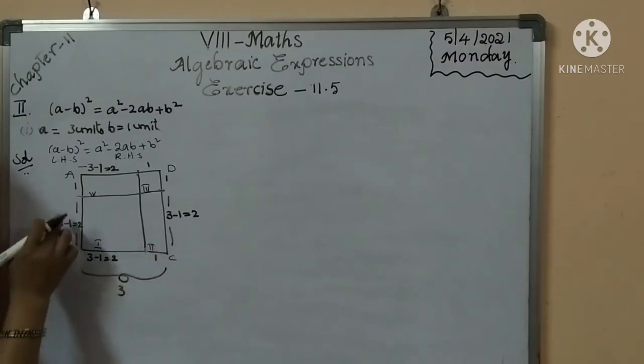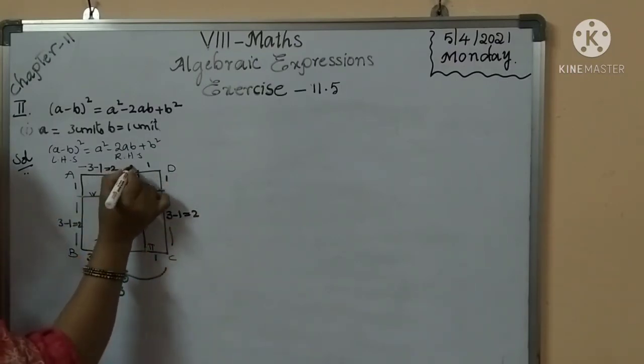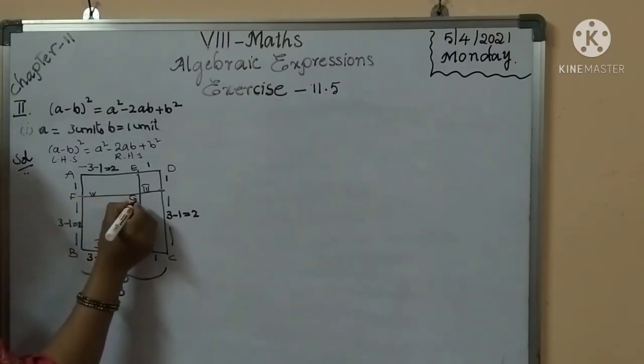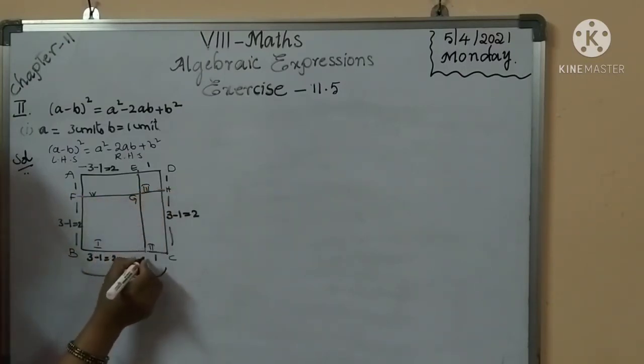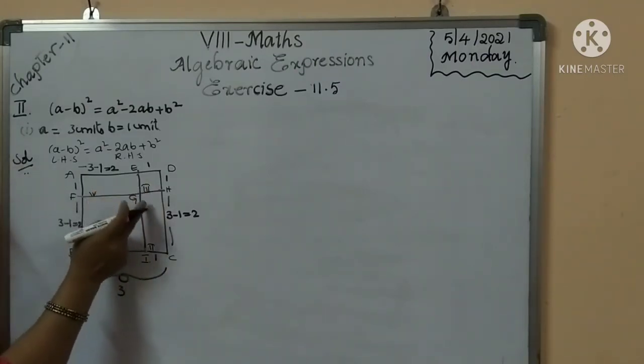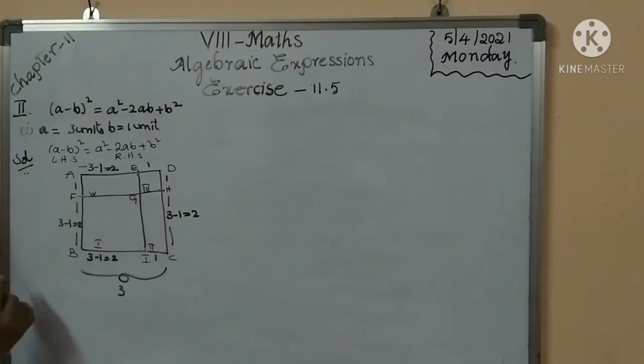Here we write A, B, C, D, and here E, F, G, H, I. Now here 2 squares and 2 rectangles are there. So first we write the area of the whole square.